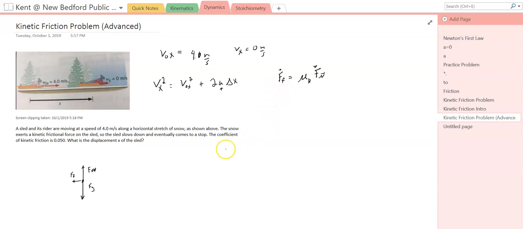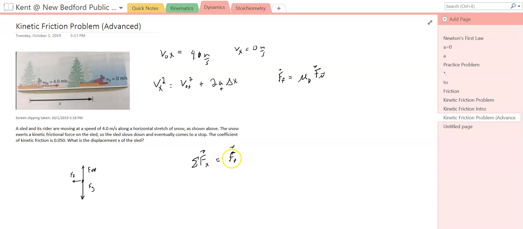So let's sum the forces real quick. Sum of the forces in the x direction is equal to what forces are acting in the x direction? It's just the friction force. So that's equal to the friction force, capital F, right? So we can figure that out potentially.